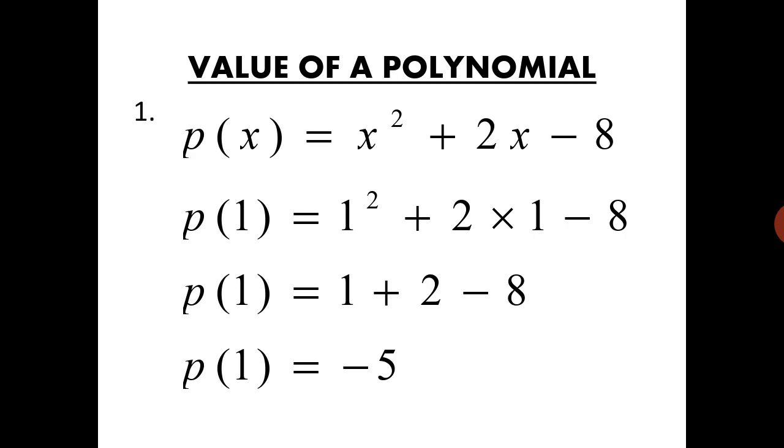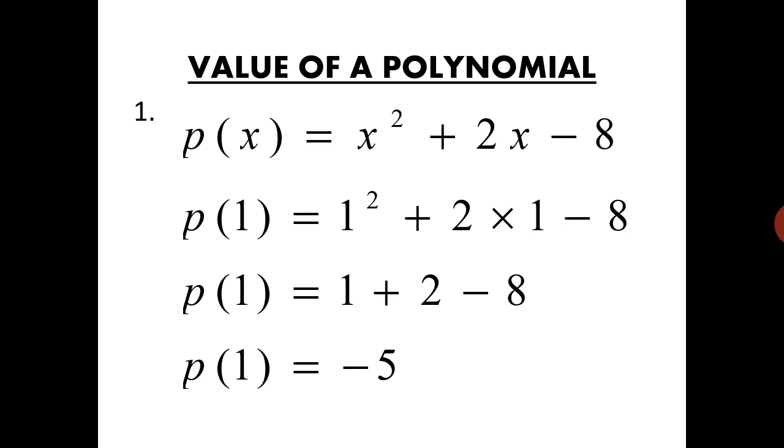So, it's written p of 1. That means you have to just substitute 1 in place of x. Here, the second statement reads as p of 1, as we have decided to put 1 in place of x.